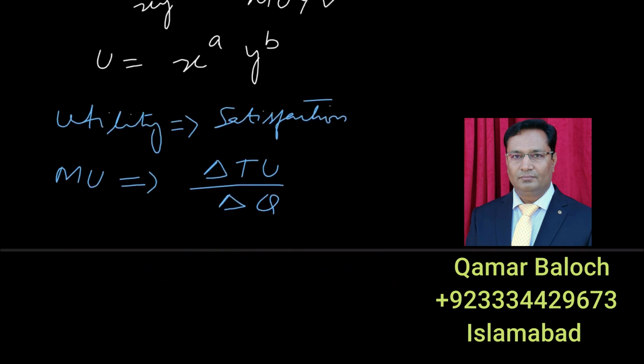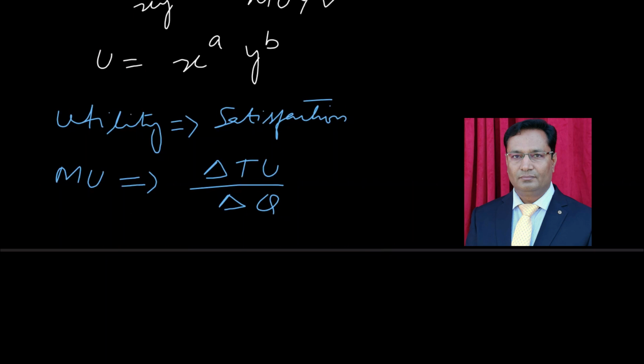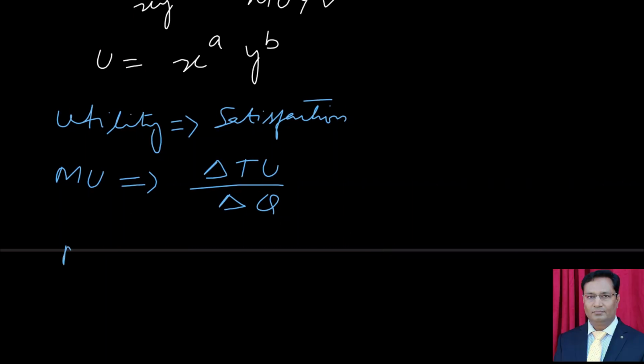Okay, but technically when we have a multi-product model, to find marginal utility of x, we have to find the partial derivative of the utility function with respect to x.